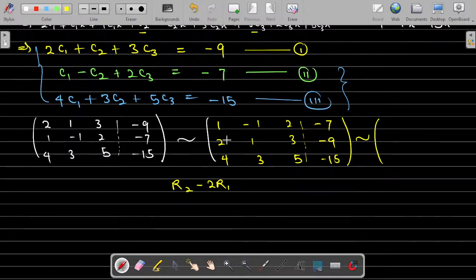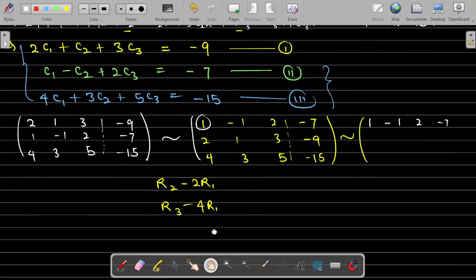We want to eliminate this, and then here we are going to replace R3 with R3 minus 4 times R1. Remember, you are using this one as the pivot. All right, so that's what we are going to be doing. In that case, your row 1 remains unchanged. So we just have 1, minus 1, and then minus 7.